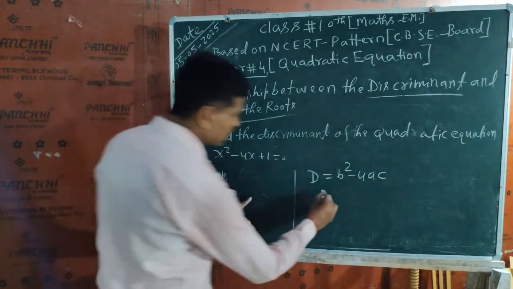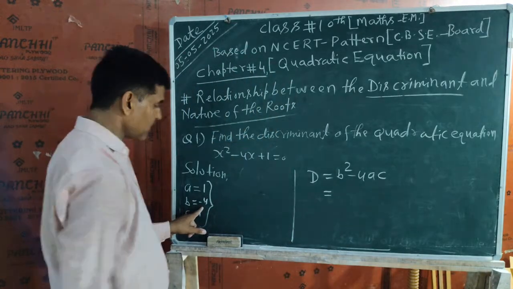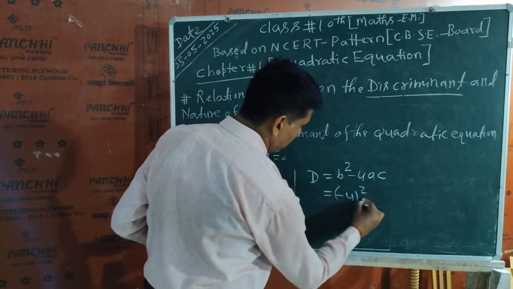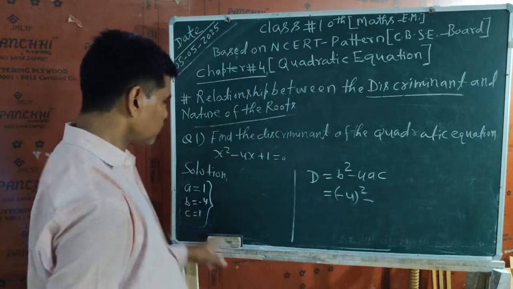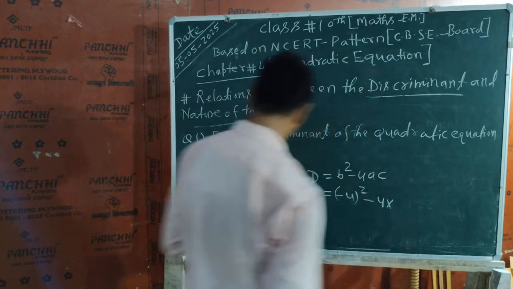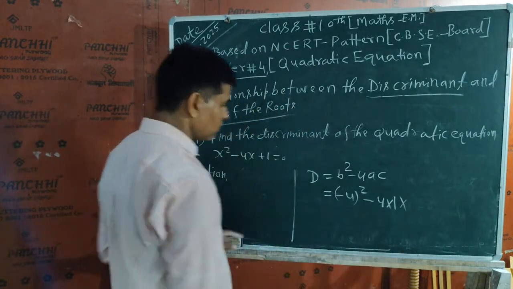On the left hand side I put the value of b, which is given in the question as minus 4, so I write minus 4 whole square. Then minus 4, then the value of a, which is 1, and the value of c, which is also 1.